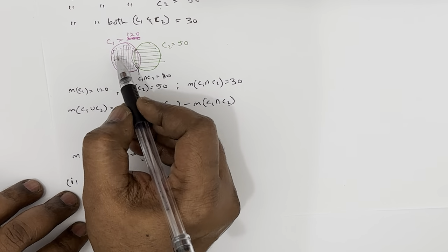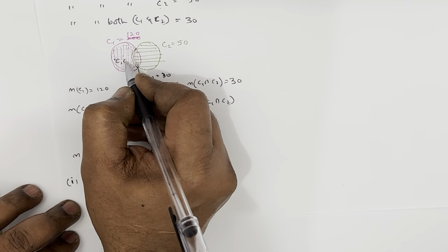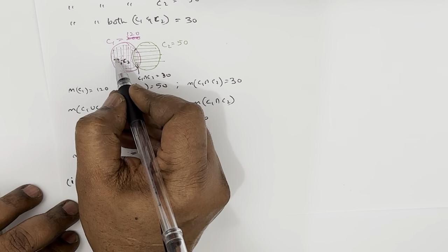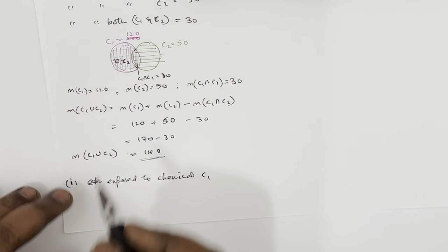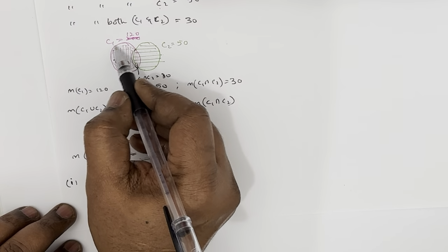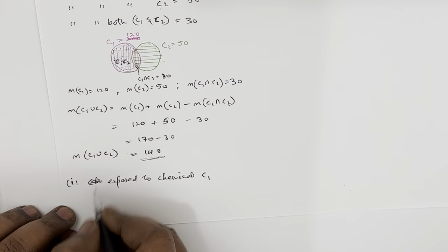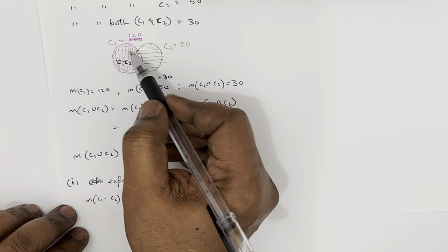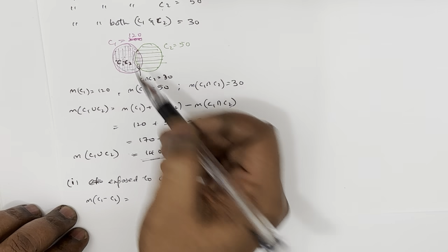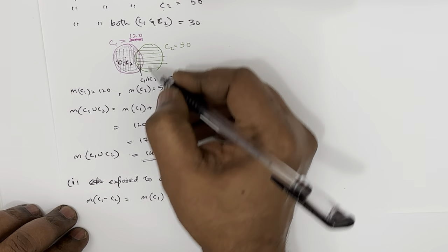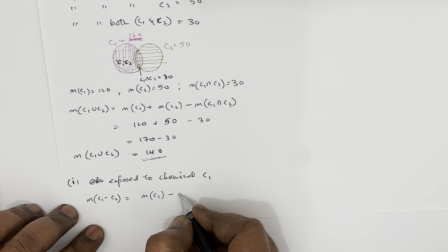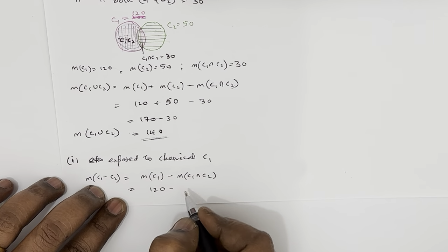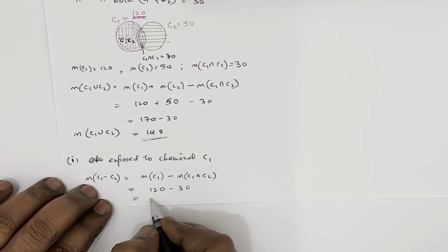So this part is the C1 minus C2 part, that means elements belonging to C1 but not C2. So only this part. The number of people here, n of C1 minus C2, will be total n of C1 minus n of C1 intersection C2, so that will be 120 minus 30, that will be 90.